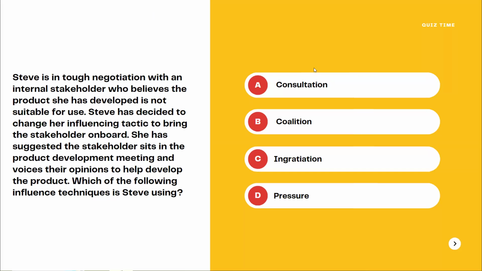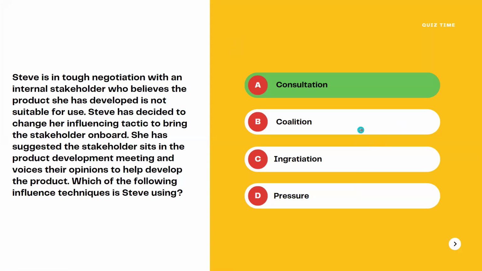All right, so for this one, the correct answer should be A. As I explained earlier, coalition is about being aligned or being friends with other stakeholders, other than the other party. With other stakeholders, we may create an alliance, and that may put pressure on the other party.